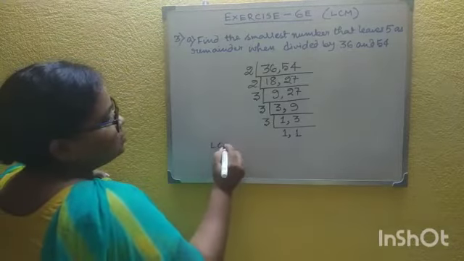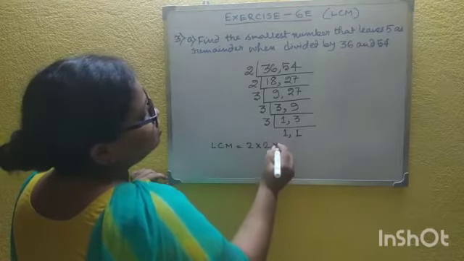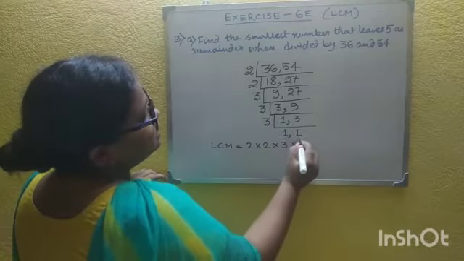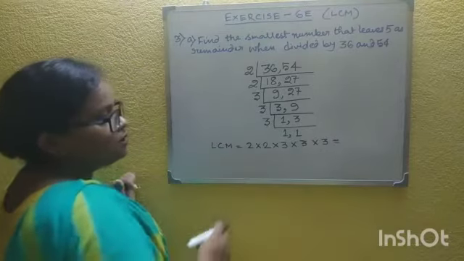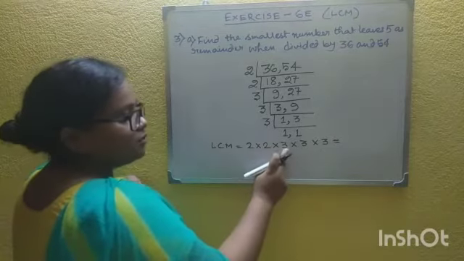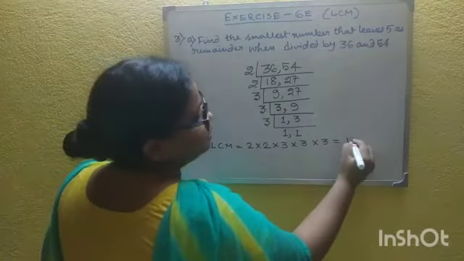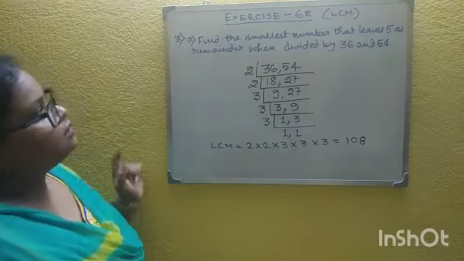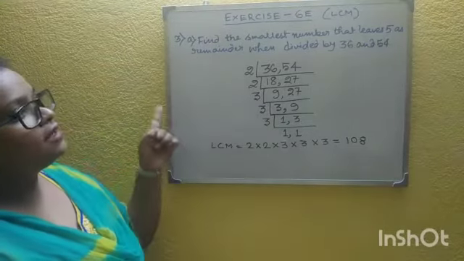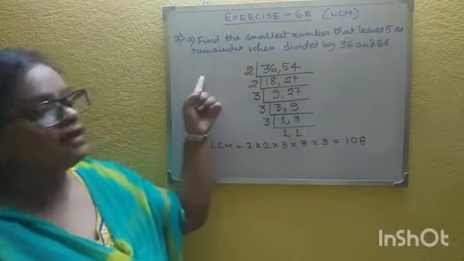So the LCM of these two numbers will be 2 multiplied by 2 multiplied by 3 multiplied by 3 multiplied by 3. That is 2 2s are 4, 4 3s are 12, 12 3s are 36, 36 3s are 108. But in the question it says we have to find the smallest number that leaves 5 as remainder.